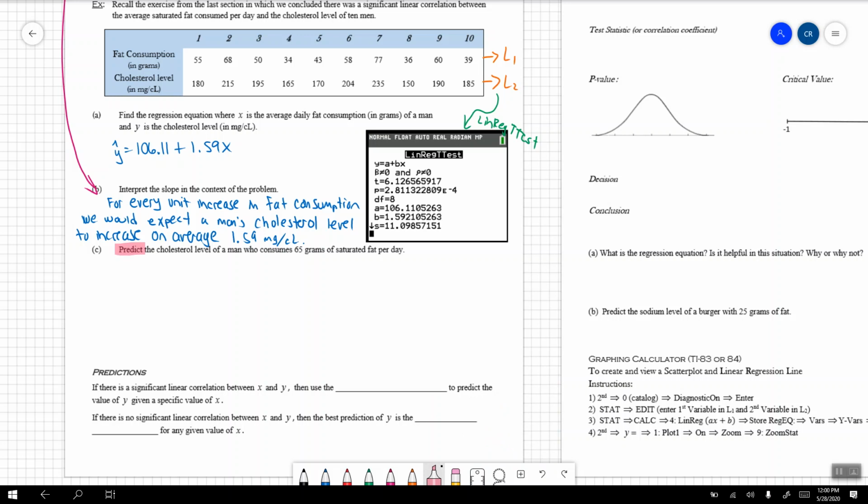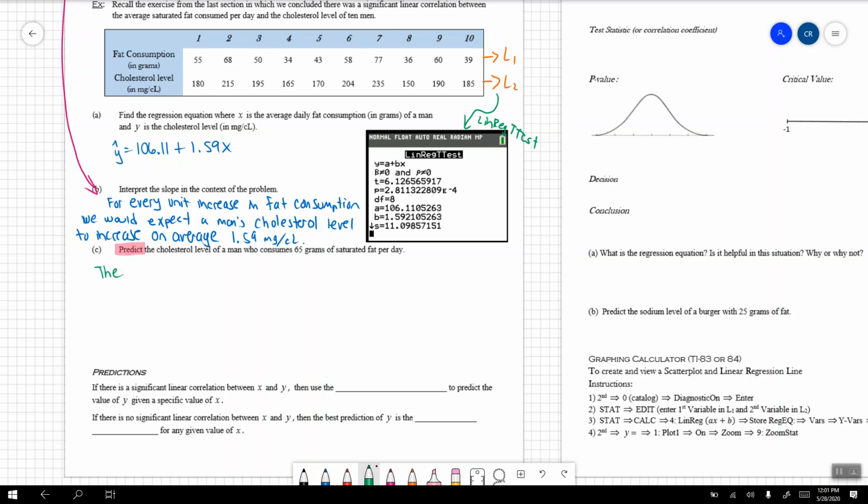In order to predict accurately, if there is a big correlation, then we're going to use the linear regression equation. If there is not a correlation, we cannot use the linear regression equation for a prediction. So, does this data set have a high correlation? Yes, it does.